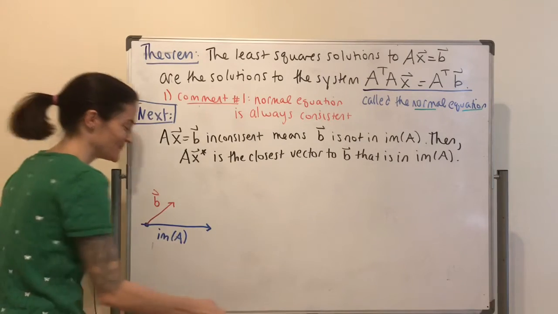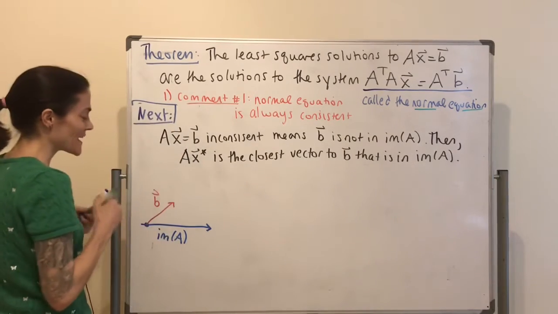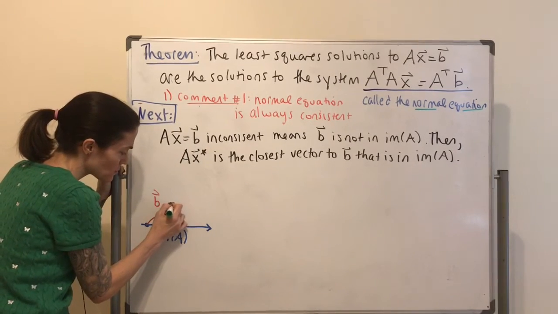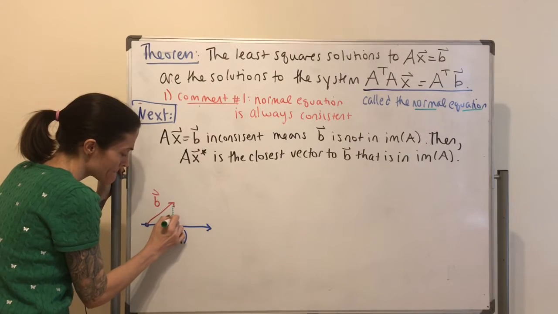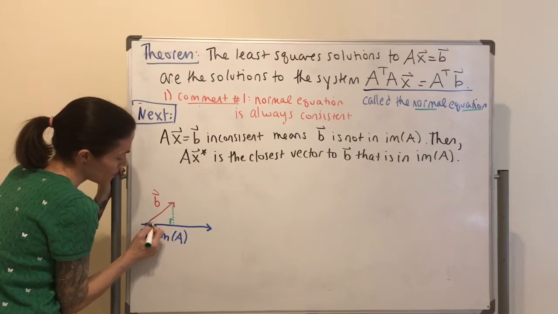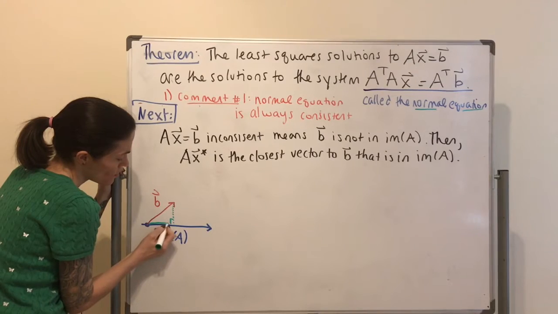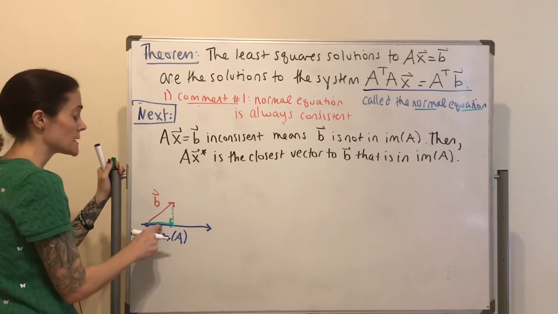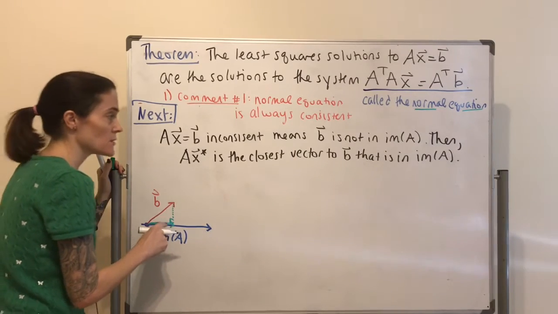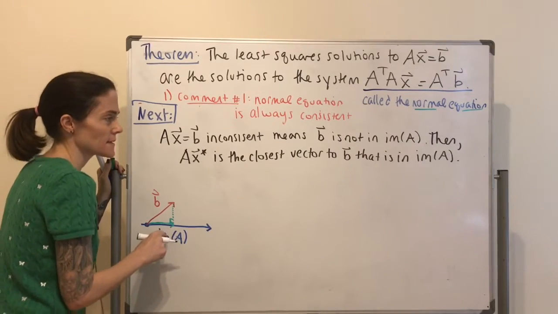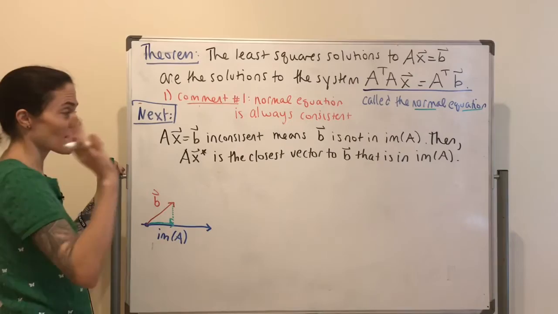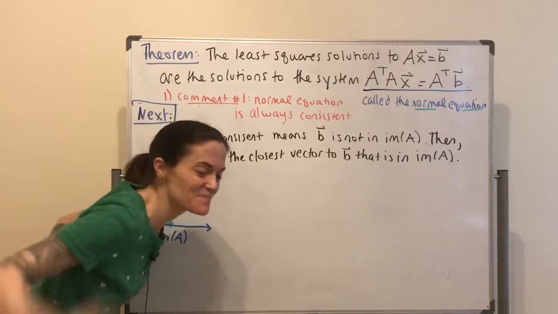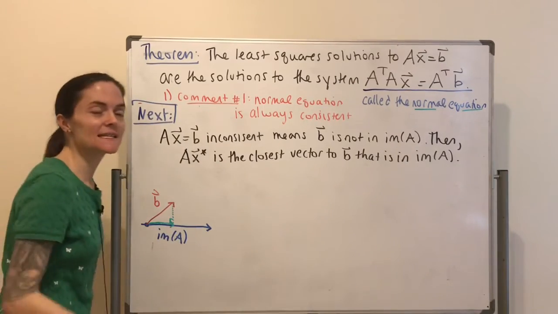What are you going to do? Just do this. And then here's the answer. This green is the closest vector to b that is in the image.